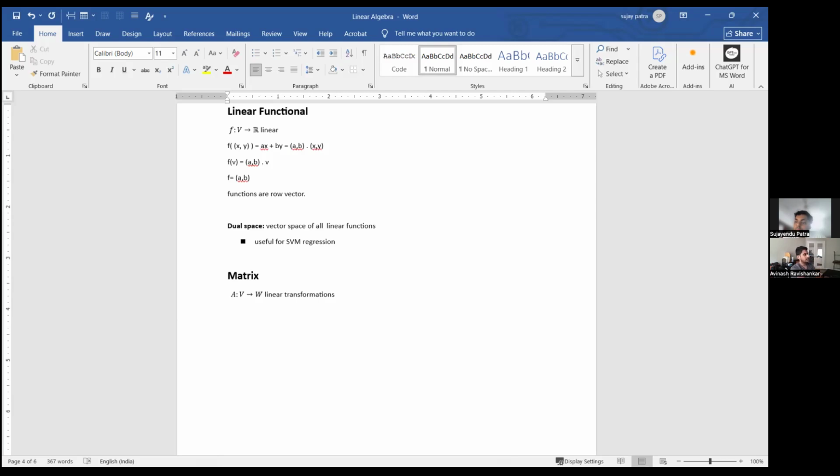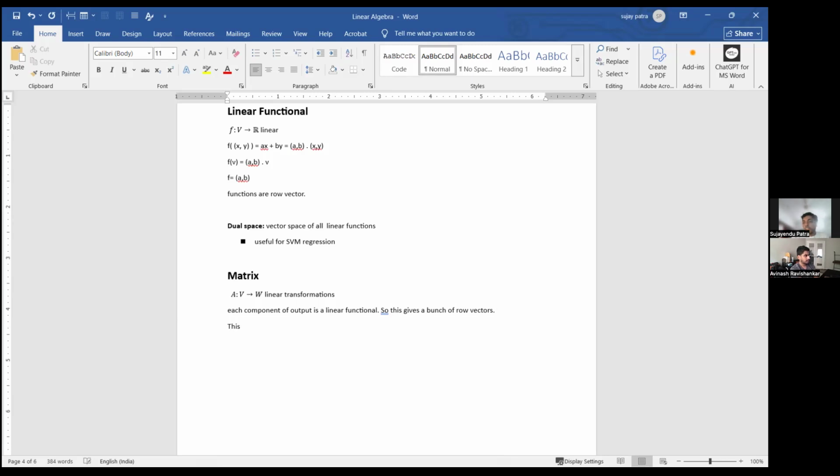Each component of the output is a linear functional, and we put those row vectors one below another and create the matrix.